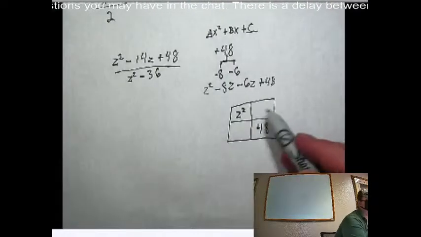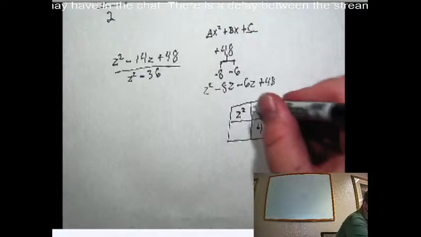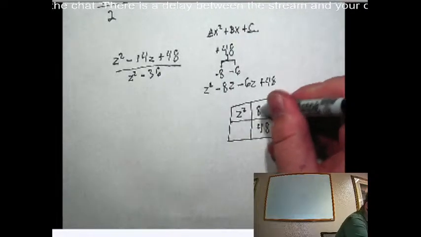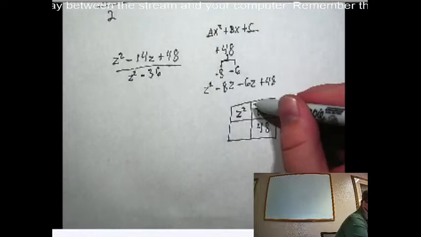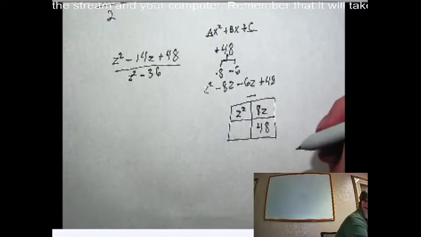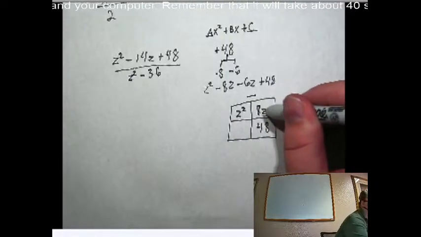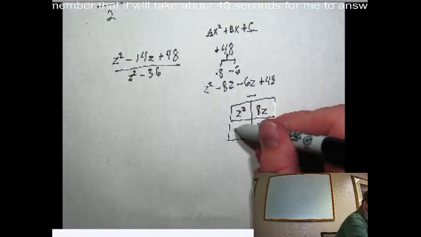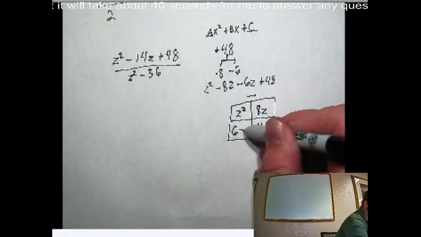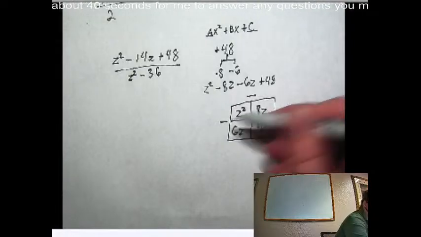Then these two in the middle, it doesn't really matter which one they go to. I'll just put 8z here. But its sign has to go somewhere, and it has to go up to the top. If I put the number here, its sign has to go up top. The number I put here, which in this case is 6z, its sign has to go to the side.